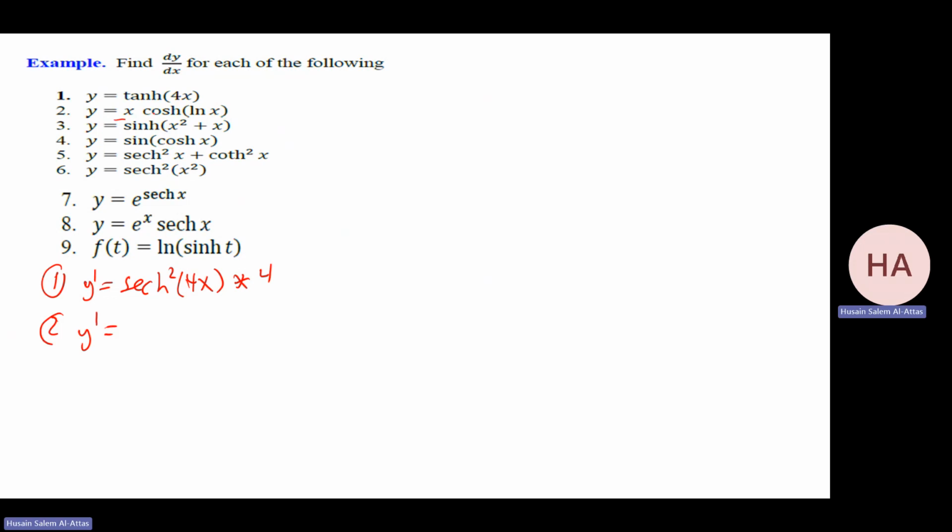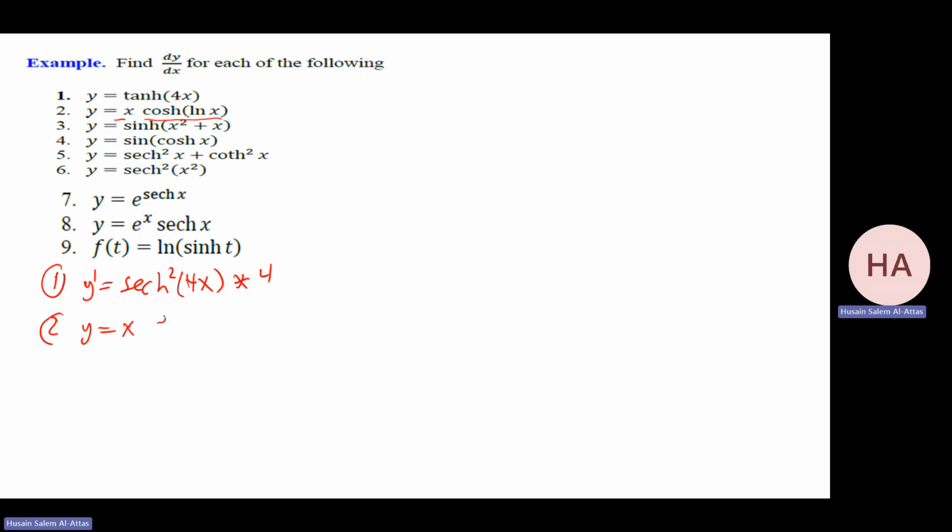2. Y prime will be what? Now I have a product rule. So I have x times sine hyperbolic ln x, or I think I can simplify the function. Maybe it's better, since cosine hyperbolic with ln x, I think I'm getting some simplification.